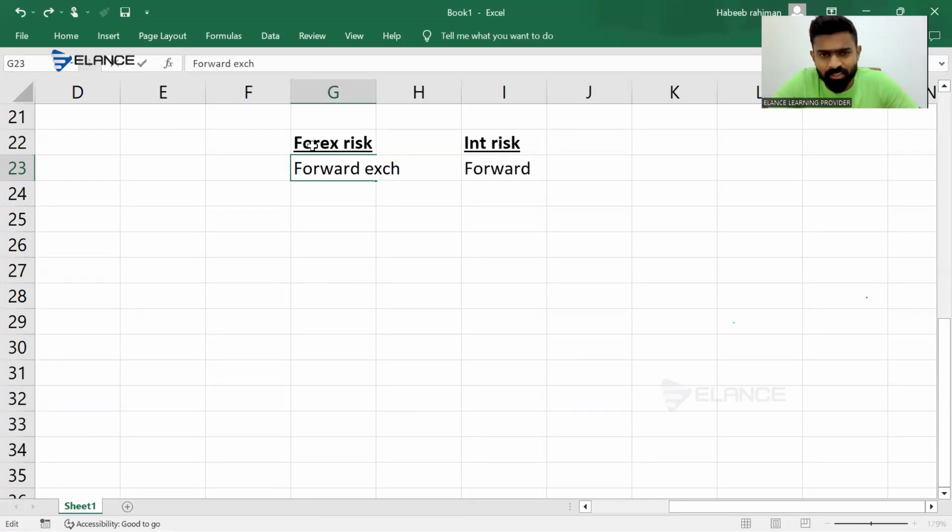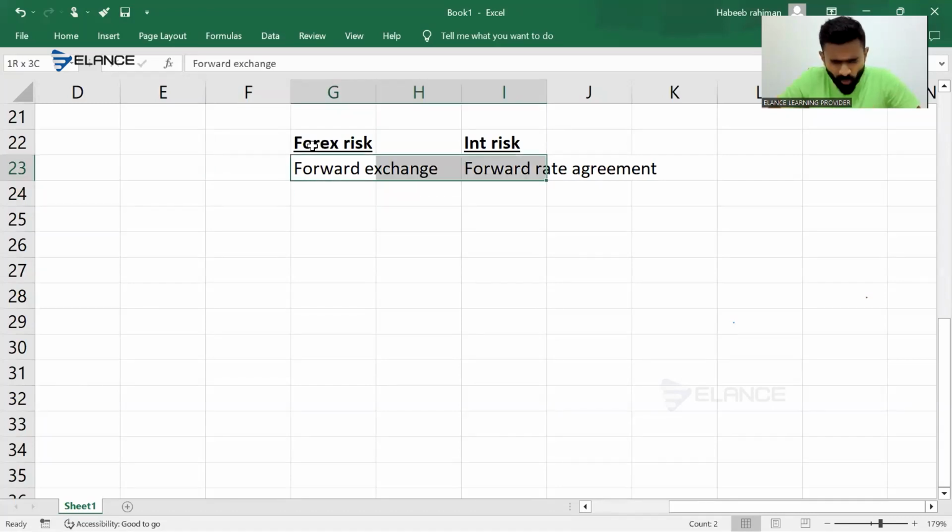Since interest risk forwards are on the interest rate, this is said to be a forward rate agreement. Both are the same only; the terminology is different.